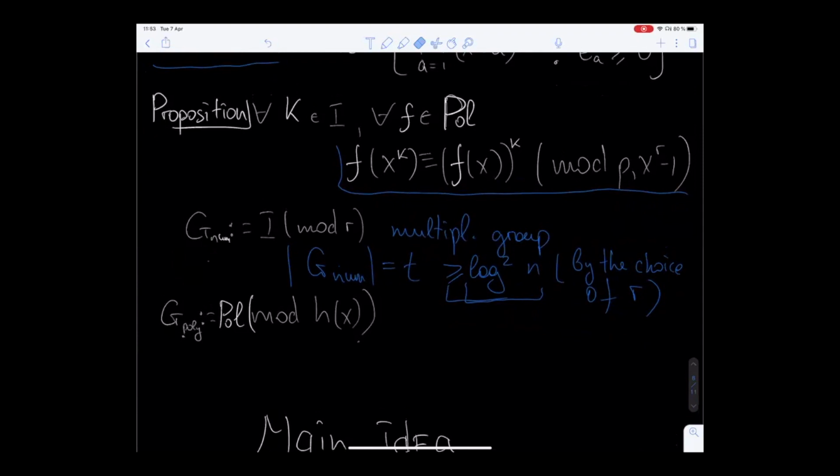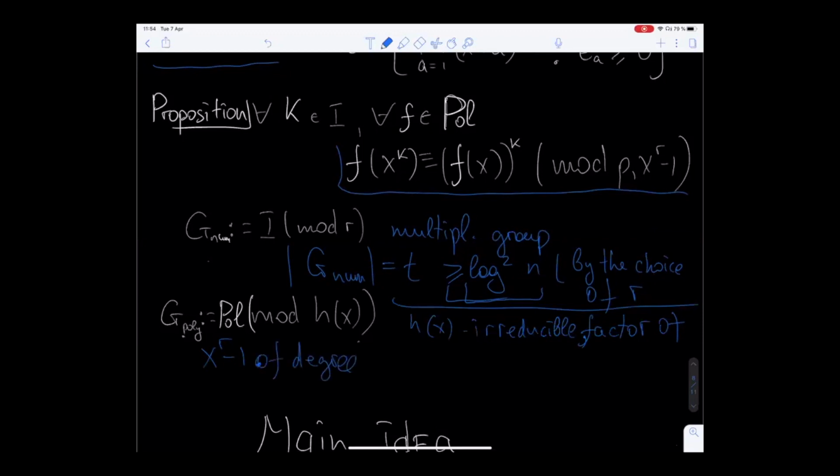Let's put it immediately: h of x is an irreducible factor of x to the r minus 1, of degree bigger than 1. x to the r minus 1 obviously has an irreducible factor x minus 1, but we want an irreducible factor of bigger degree.